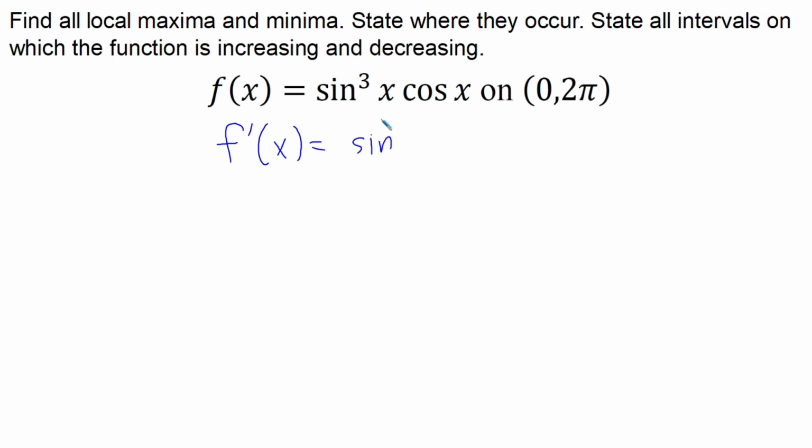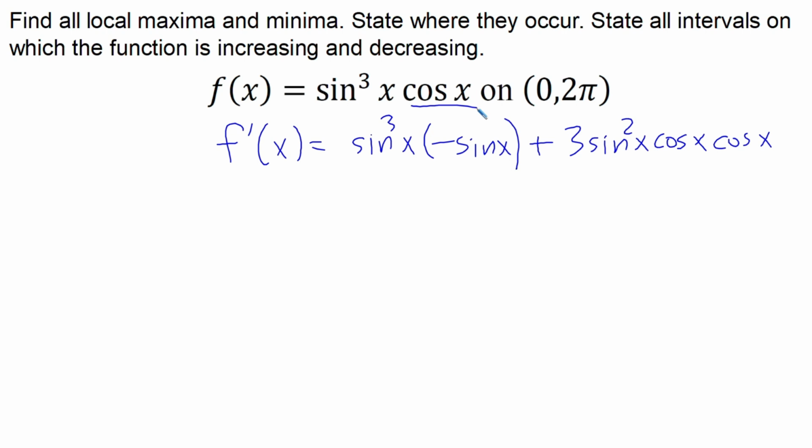That would be a product rule problem. So it'll be sine cubed x times negative sine x. And then we'll add to that the derivative of sine cubed, which is 3 sine squared x cosine x, using the chain rule, like u cubed, where u is sine. And then we have to multiply that by the other cosine x, because that's our second function.